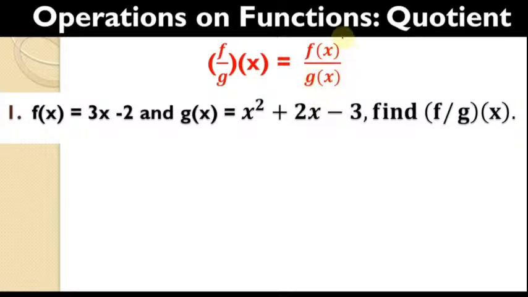So tandaan ito yung formula, f of x over g of x in finding the quotient of the given function. So proceed to number 1 or example number 1. We have f of x equals 3x minus 2 and g of x equals x squared plus 2x minus 3.